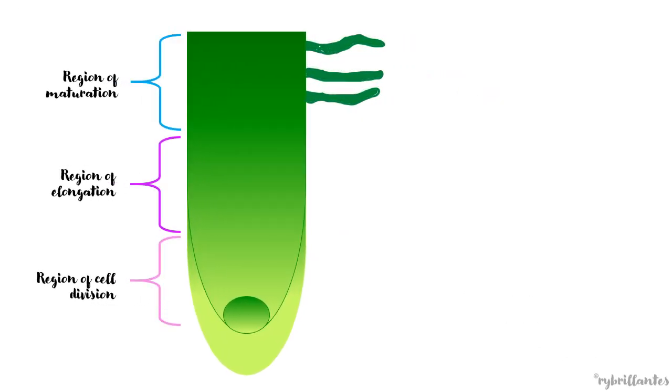Now, let's take a section of the root at the region of elongation. As I have pointed out a while ago, cells in this region elongate, they enlarge, and sometimes they start to differentiate. They become differentiated or to some extent achieve maturity, but not all.